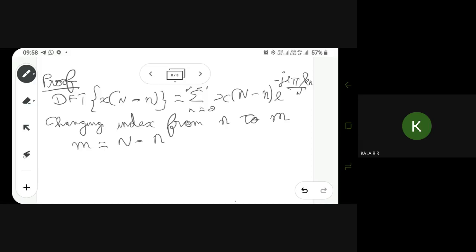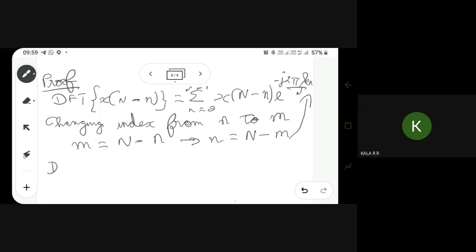So here you have to replace your n, so your n will be equal to N minus m. Now apply this value over here. Okay. So now what happens?